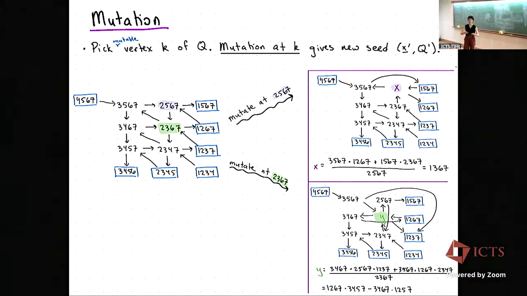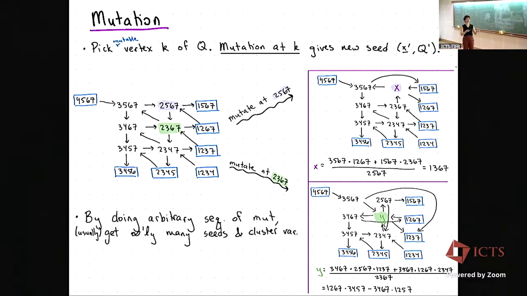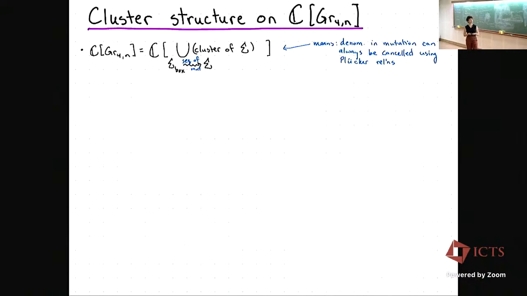Okay, so we've got a very precise and very rigid way to produce these cluster variables. And the way that you get the cluster algebra is you just do mutation forever, arbitrary sequences of mutation. You usually get infinitely many seeds and infinitely many cluster variables. What does it mean for this ring, polynomials in Plückers mod Plücker relations, to be a cluster algebra?